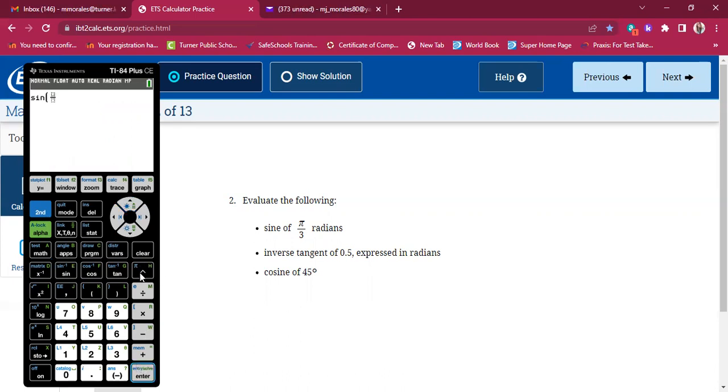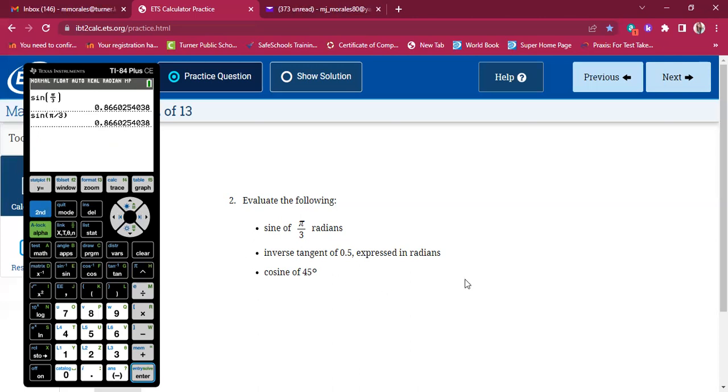Then write pi, pressing second shift because it's blue, over 3. Then I close it and hit enter. This one is in radian. Or I can also do this: press sine and then write pi, second shift pi, divided by 3, then close it and enter. As you can see, it gives us the same answer.